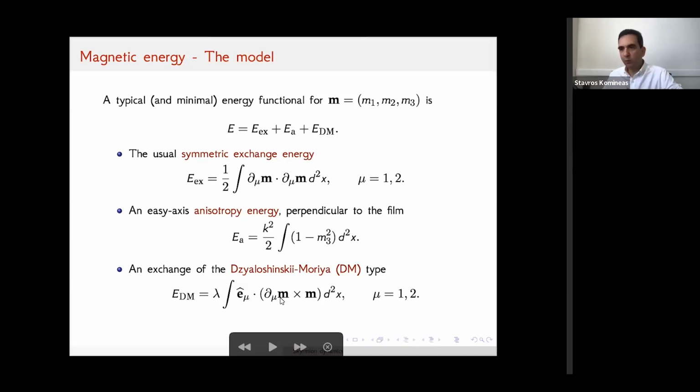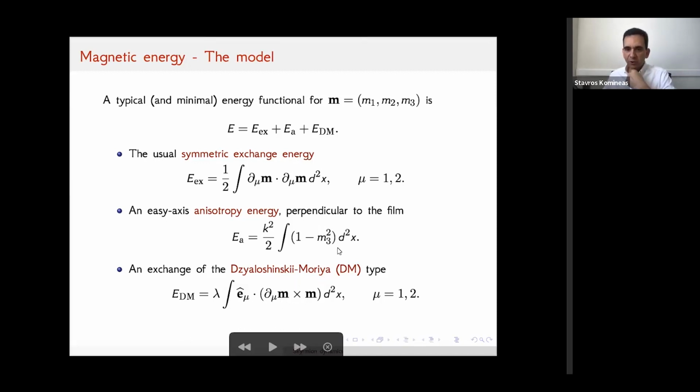It's a chiral term. So this is a chiral exchange interaction. It is called the Dzyaloshinskii-Moriya interaction because it was introduced by these people in 1957, 1960. So this is now a quite important term.